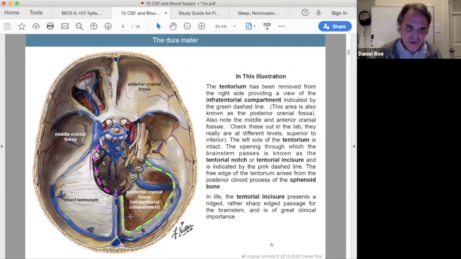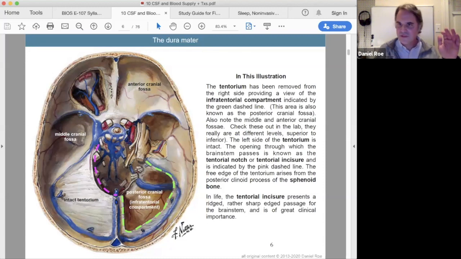So this would be the posterior cranial fossa, which is also the infratentorial compartment. And again, that's where the cerebellum is. And over here you have brainstem, pons, medulla, and most of the midbrain. And this is that tentorial notch or tentorial incisure that we saw earlier in the semester.